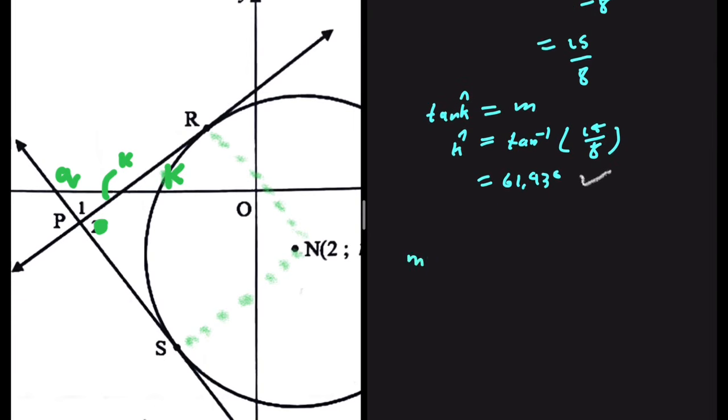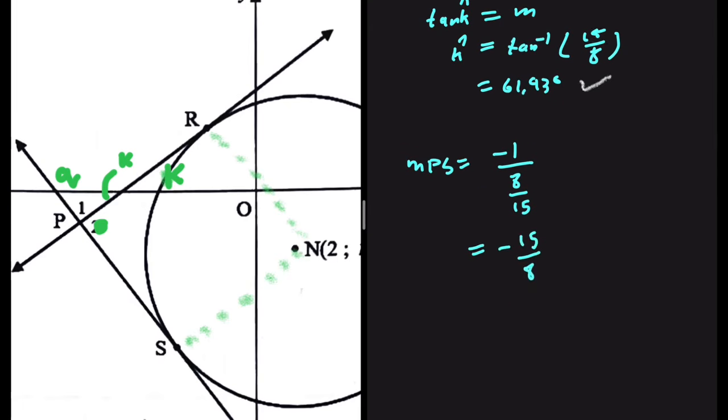So the gradient of PS will be equal to -1 divided by the gradient of NS. The gradient of NS is 8 divided by 15. So the gradient of PS will be -15 divided by 8.